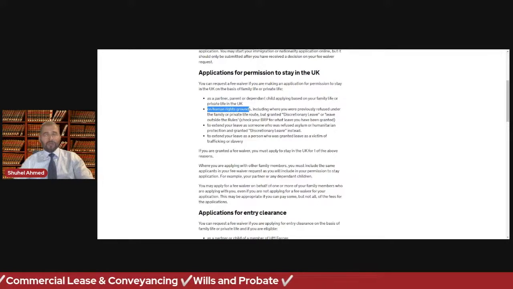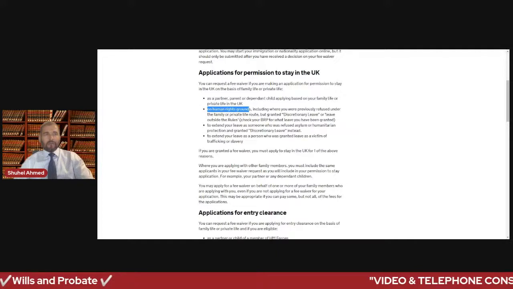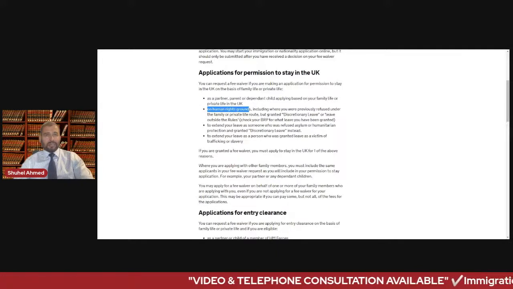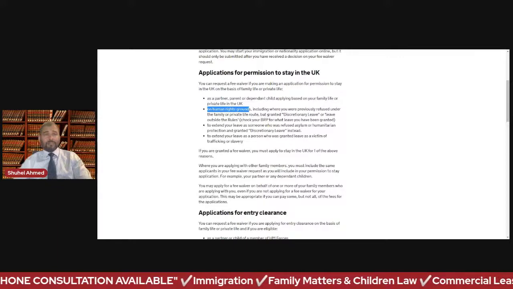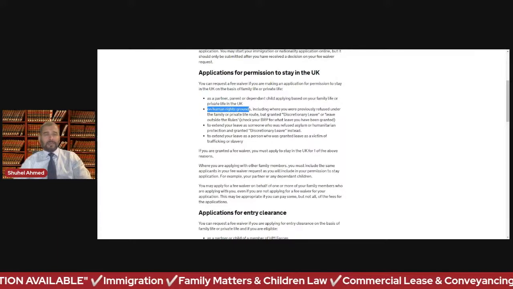And the Home Office, from my experience, in my opinion, there is a negative tendency among caseworkers that the applicant is not credible. Sometimes I see from the refusal letter that it is copy and paste.